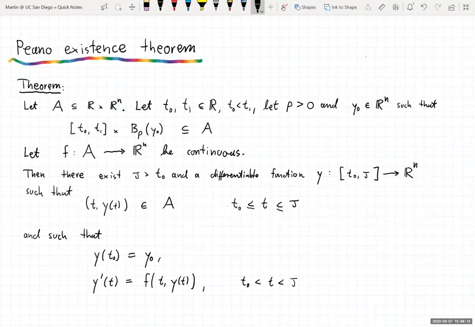The version of the Peano existence theorem that we have discussed so far is in some sense not the real deal, because there exists a slightly more general version which, however, covers some important cases of ordinary differential equations.